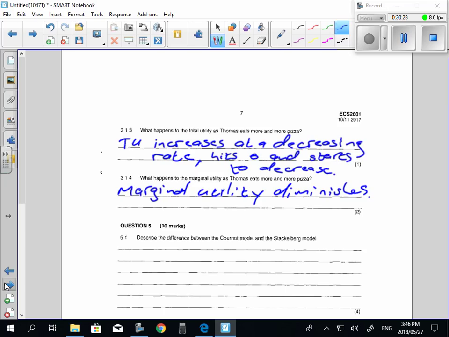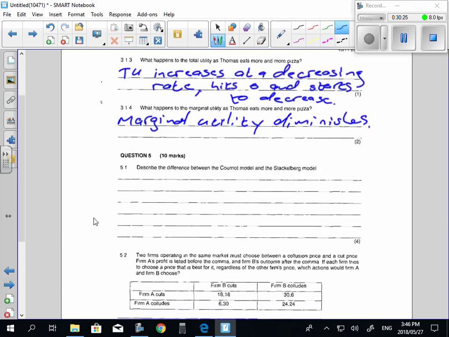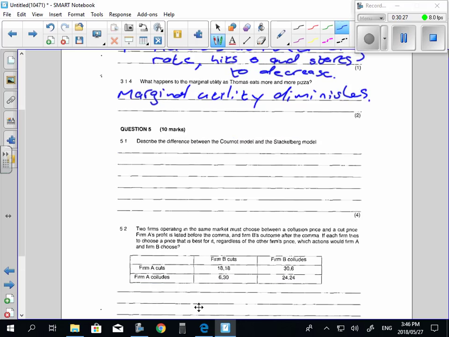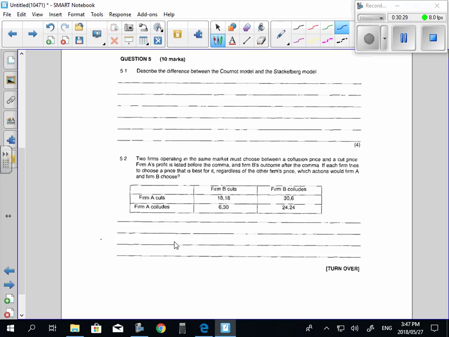Question 5. Describe the difference between the Cournot and Stackelberg models. So for your Cournot model, both firms make their output decisions simultaneously.